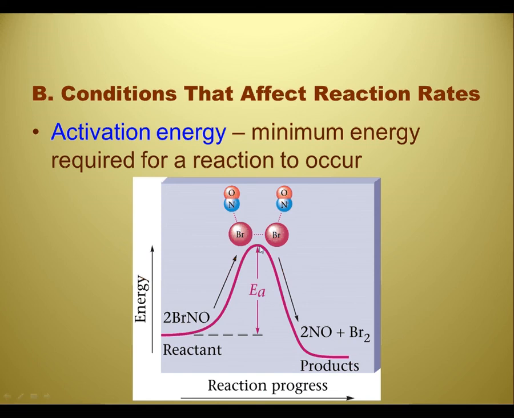There's a certain amount of energy here that is the activation energy. Unless I get this particular amount of energy at a minimum, I'm not going to have a reaction happen, because the reaction basically is driving up this energy hill, and it can't complete until it reaches this peak here. So if it doesn't get that minimum amount of energy, it's not going to be able to go over the hill and fall down into the products.